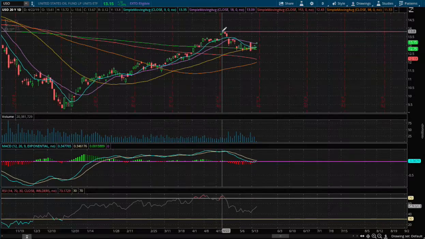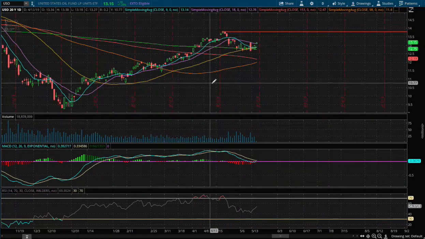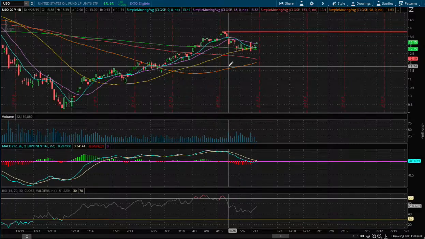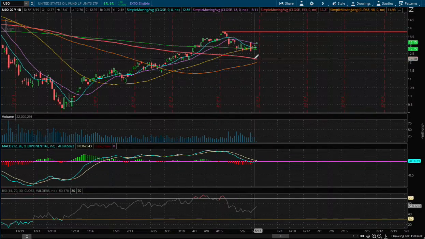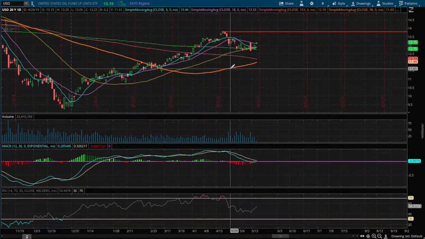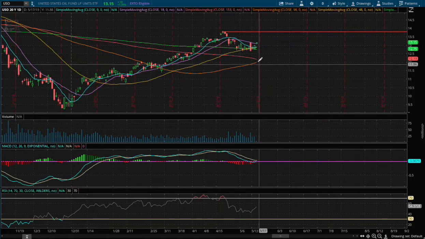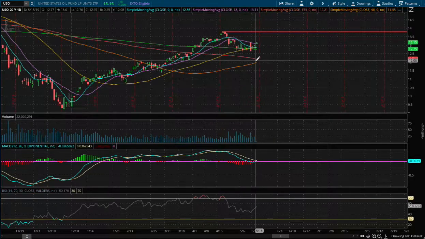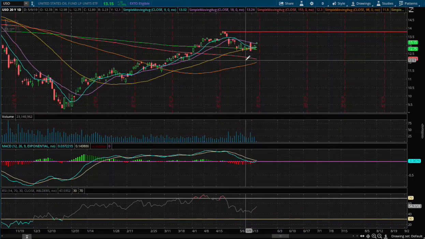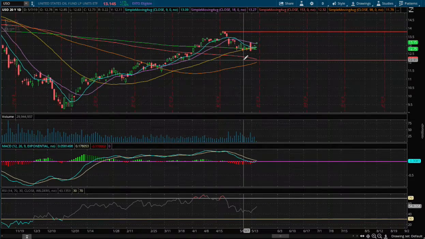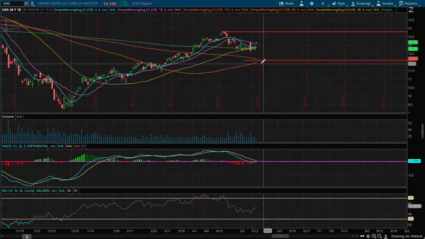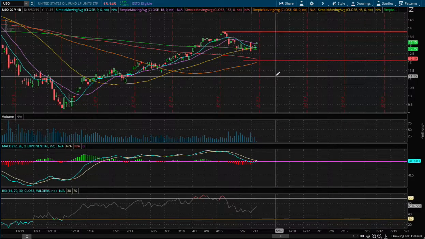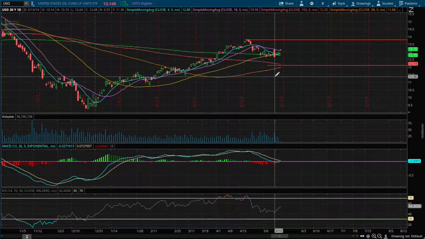On the other hand, if we were to find support, support will be the 100-day and 150-day moving averages, which are these two lines, and they will eventually converge and the price will meet roughly around 12.11. I expect that to be reached sometime soon, but not now.